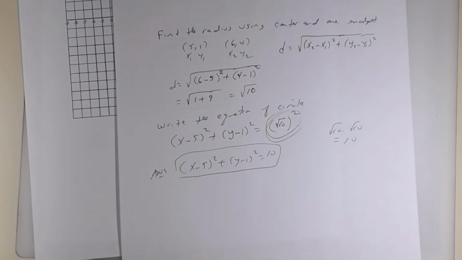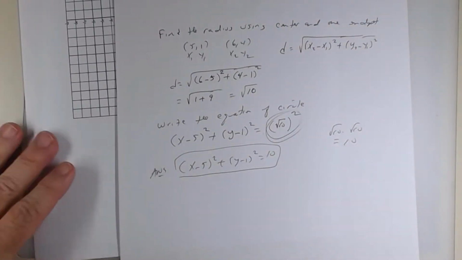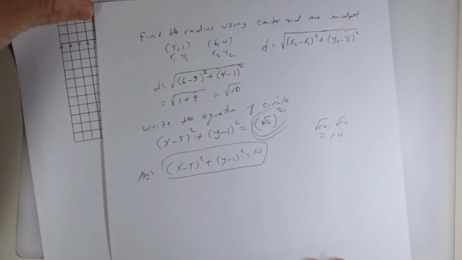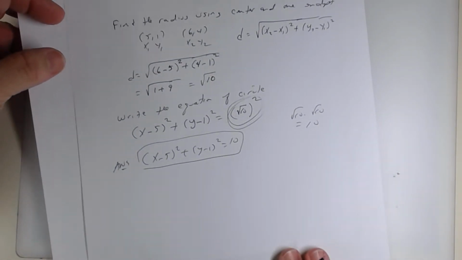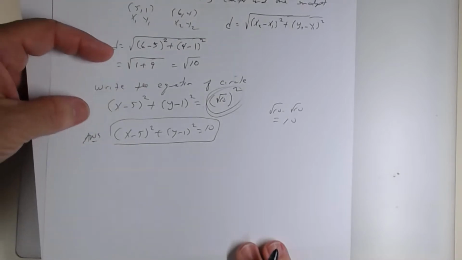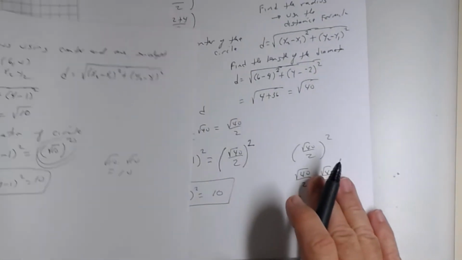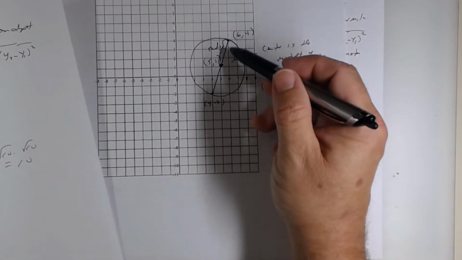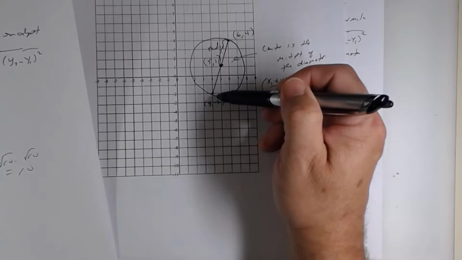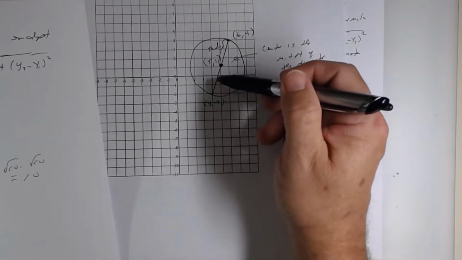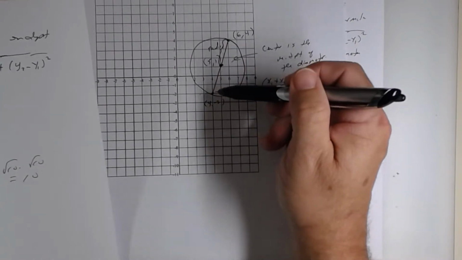So it doesn't matter which approach you use. You're not going to put the 2 underneath, because this time I am finding the length of the radius, whereas before I was finding the length of the diameter, and the radius would be half of that.